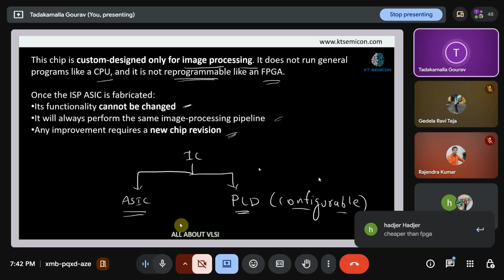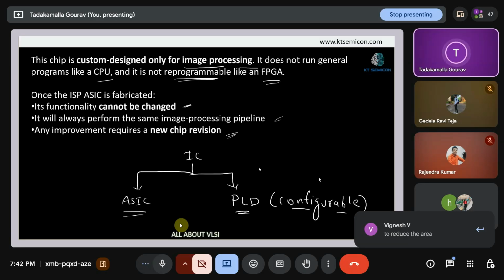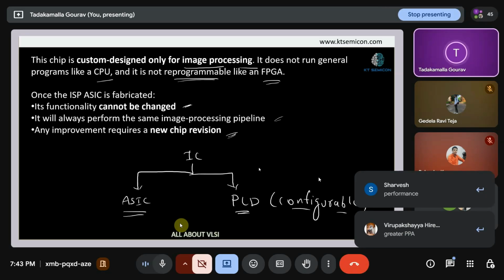Then why are we using this ASIC? Exactly. One of the reasons is it is cheaper than FPGA. Even though FPGA has configurability in it, ASIC is cheaper compared to FPGAs, and also in terms of area, ASIC needs less area compared to FPGAs.